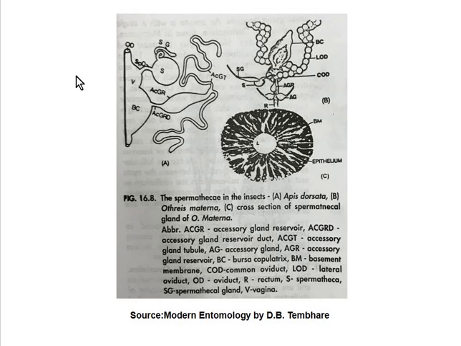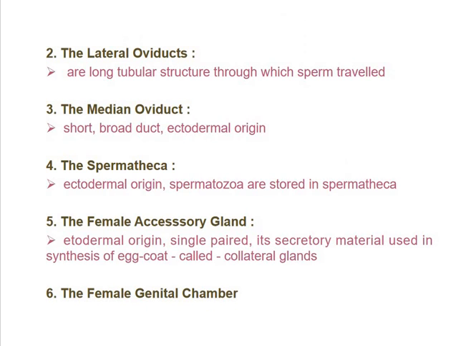The next part after the spermatheca is the female accessory gland. Such female accessory glands are ectodermal in origin, developing from the genital chamber or the vulva, as found in Dictyoptera.